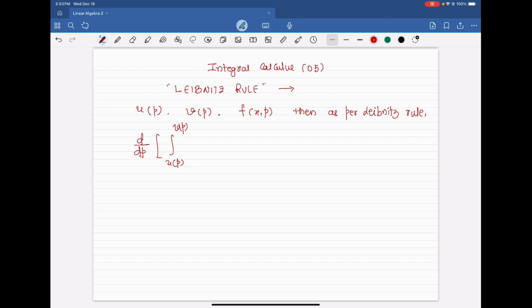It is a general Leibniz rule valid for any kind of function, whether the integral involves the variable p, and the limits involve the variable p in the form of functions from u(p) as the lower limit to v(p) as the upper limit, and any function f(x,p) dx.